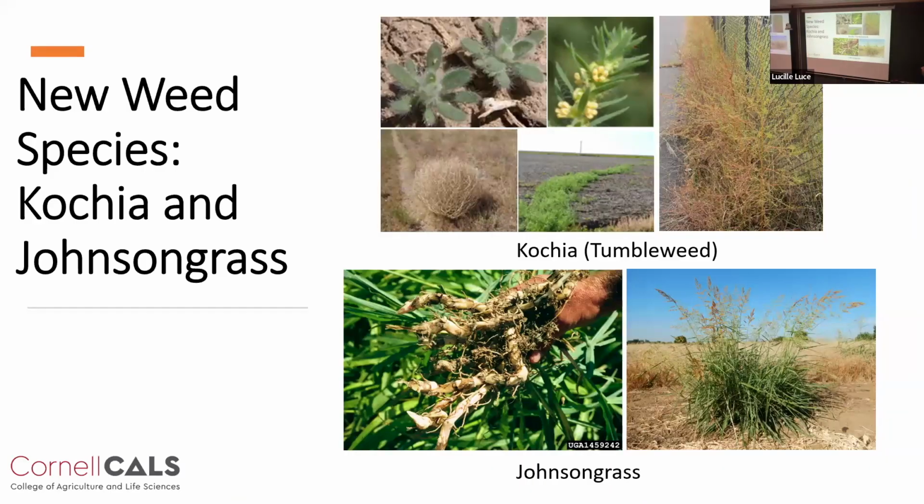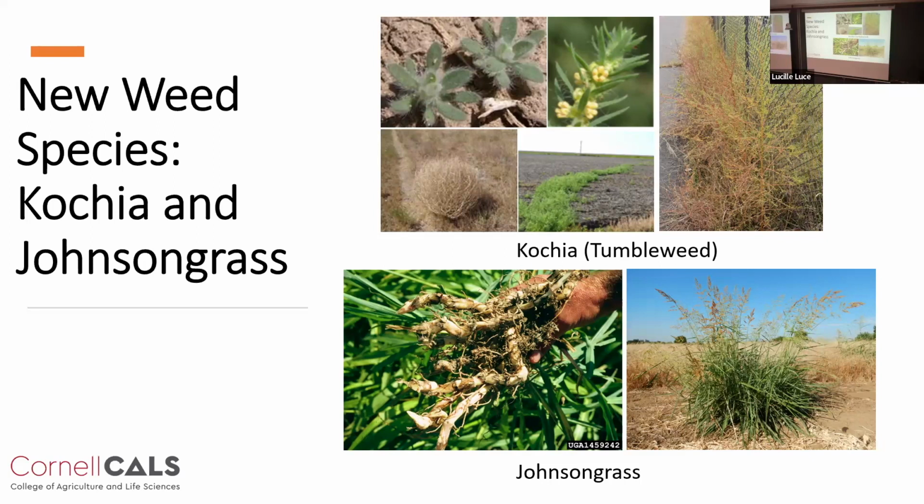In terms of other new species, I have come to know we have Johnson grass in counties in southern New York, in very limited, confined areas. We have also come to know that kochia, which is a tumbleweed, a weed of the West and the most troublesome weed in the Western US, has also been identified, one population in Western New York.